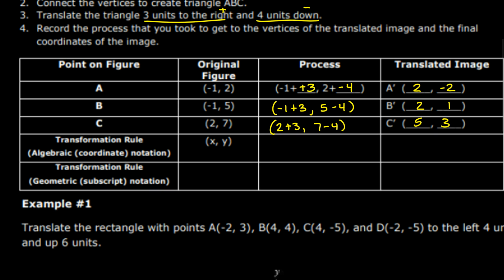Algebra is just like what we did up here. We started with xy. And where did xy go to? What happened to the x value? We added 3, and what happened to the y value? This is the algebraic notation for a translation.